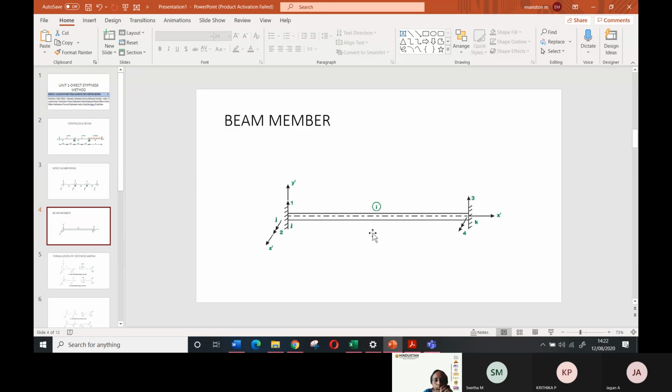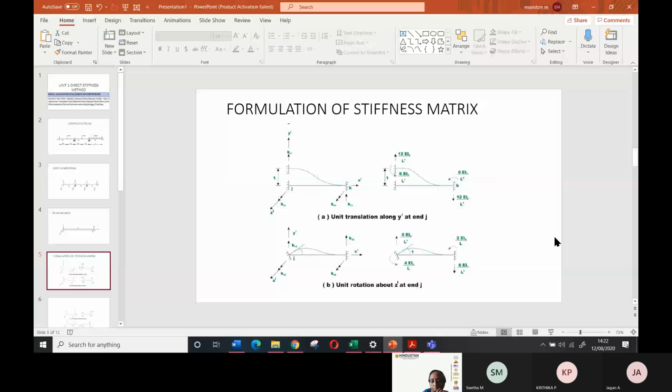So put the title as formulation of stiffness matrix. Of course, we will not be able to complete it, but just to draw the diagram, I'll show it in slideshow mode. This is a single beam I have taken.